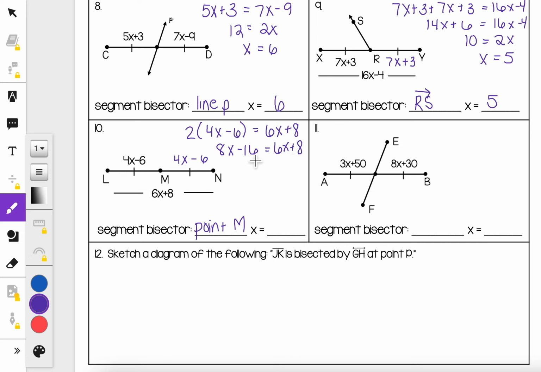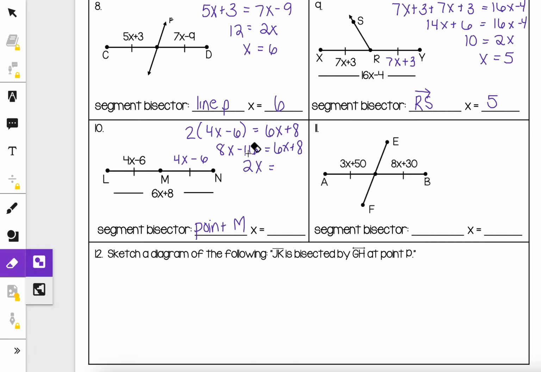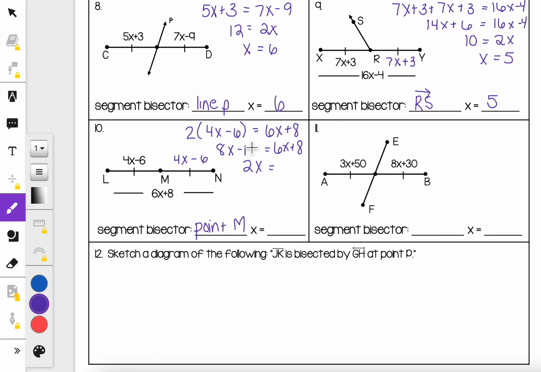Same kind of number of steps, but in case anyone wanted to do that little shortcut. So this is 12. I have 2x equals 20 and x equals 10.